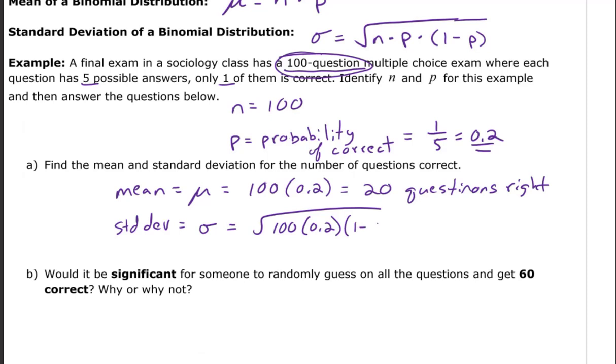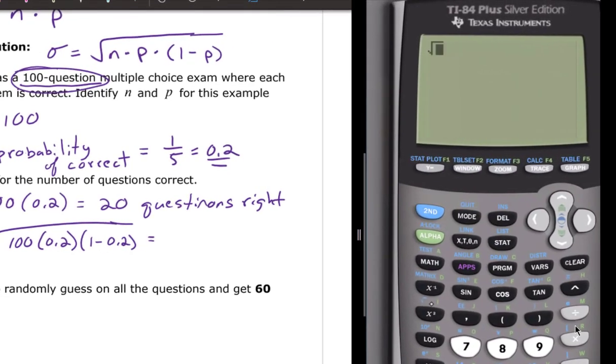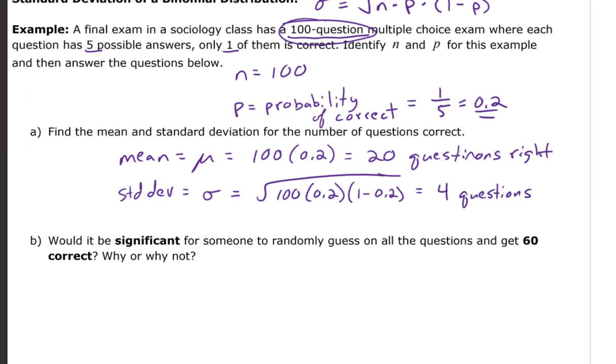Sometimes in the homework they use Q as the complement for P a lot of times. But it's just the complement of p, 1 minus 0.2, which is 0.8. And we end up getting 4 when we take the square root of all of that. So 4 questions. So that's your mean and your standard deviation.